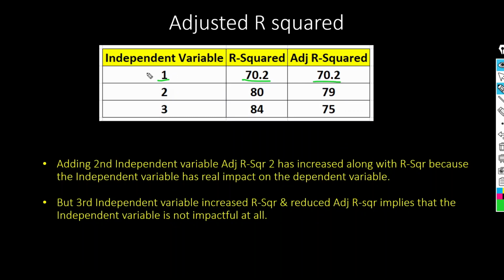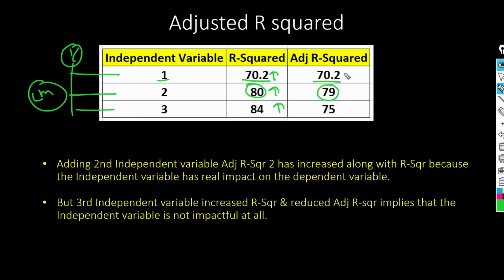Once we have one independent variable and one dependent variable, we create the linear regression model here. Once we have two variables and create the linear regression model, after that we calculate R square, it increases, and adjusted R square also increases. But once we add the third variable, R square increases but adjusted R square decreases.